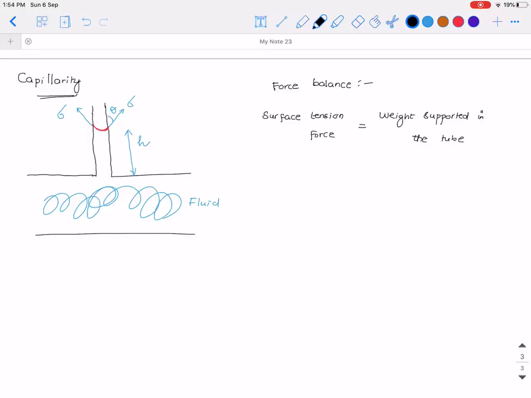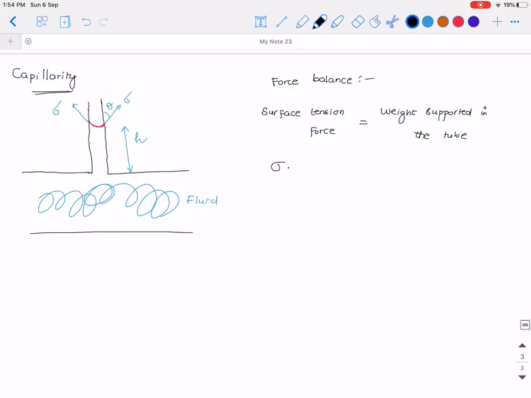Okay, so surface tension is given by sigma, which is force per unit length. So the vertical force is pi d cos theta, where d is the diameter of the tube. Okay, so we are talking about force balance in the vertical direction.